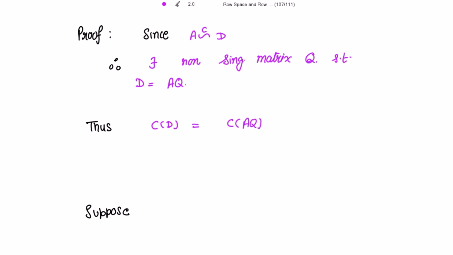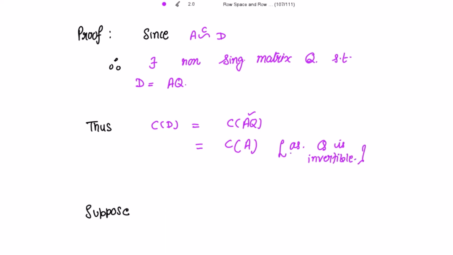And because Q is non-singular, the column space of AQ is equal to the column space of the first matrix, A. The reason is that Q is invertible, or non-singular.